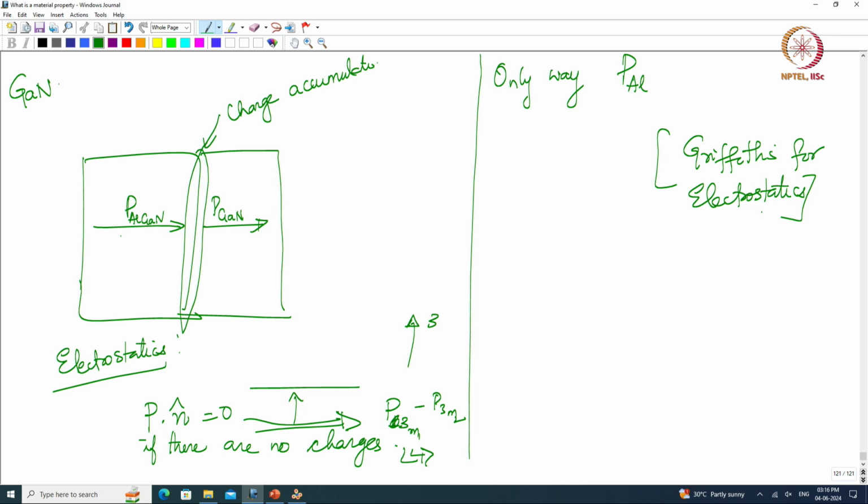You will see that the only way the polarization of aluminum gallium nitride is not equal to the polarization of gallium nitride is if the interface has some extra charges.